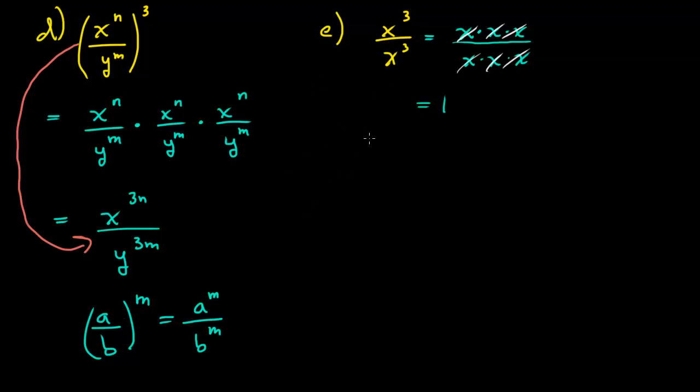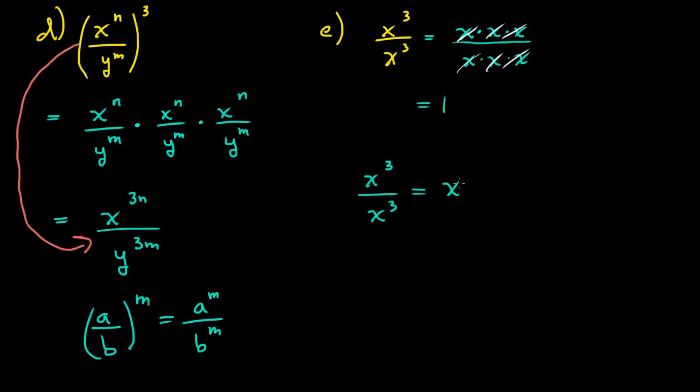Now, is there any useful result that we can derive from this? Well, if I remember the exponent laws for dividing powers of the same base, if I have x to the power of 3 divided by x to the power of 3, and I use the exponent laws, I would subtract the exponents.